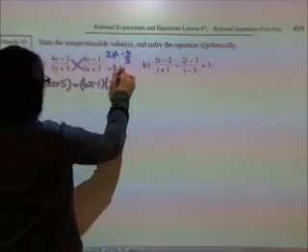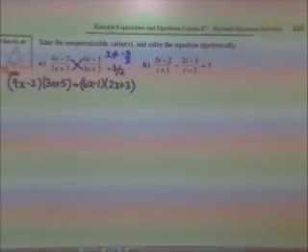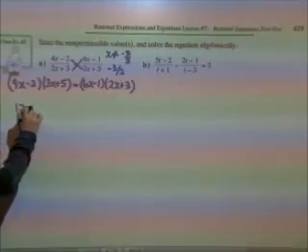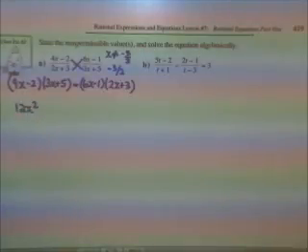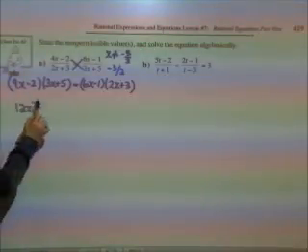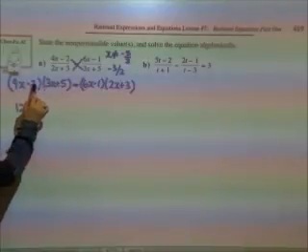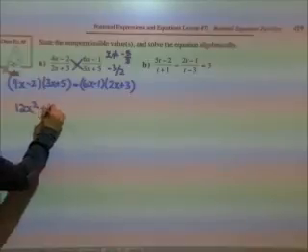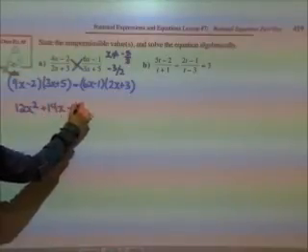And negative 3/2. Okay. So now if I go to remove the brackets, 4x times 3x, 12x squared, and then I've got a 20x and a negative 6x, which would give me 14x and minus 10.